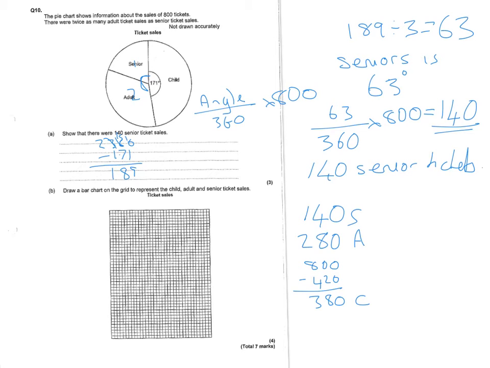So my axis needs to go up to, say, 400. So how many squares have I got? 1, 5, 10, 15, 20, 25, 30, 35, 40. Alright, so that can be 400 at the top there, and 0 down there.